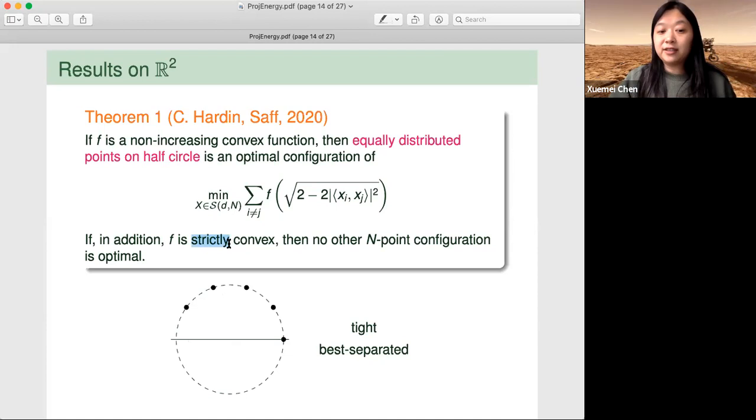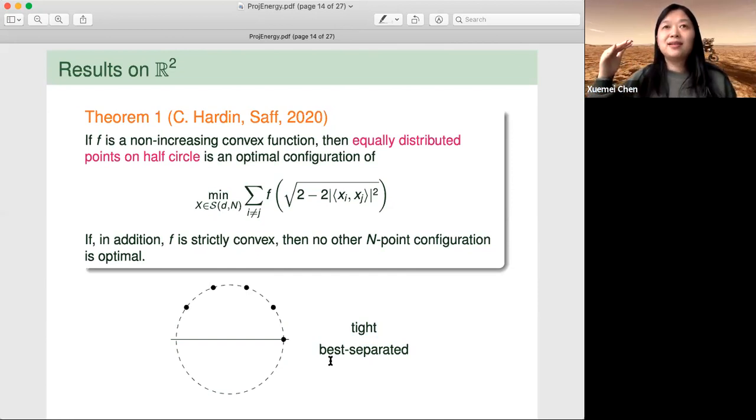And if f is strictly convex, then it's a good start, because this kind of configuration is, first of all, tight, and second of all, it is best separated among all possible configurations. So it is the best line packing. And it can be even nicer, it's also a spherical design.